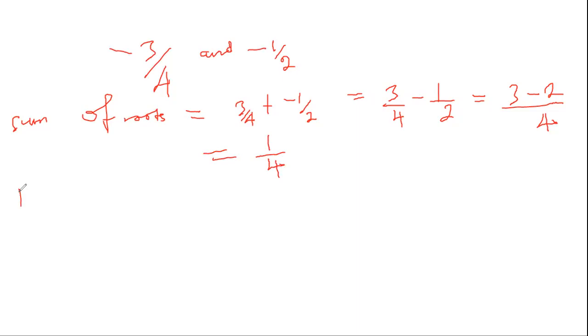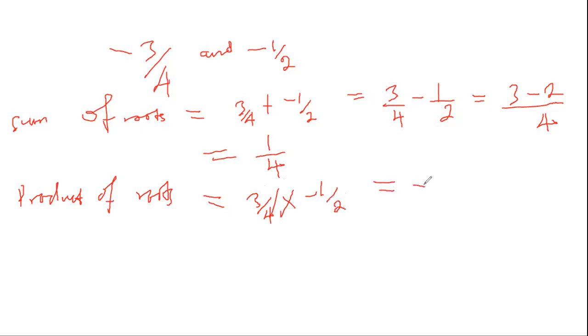And then we find the product of roots. This would be 3 over 4 multiplied by -1/2, and that will give us -3 divided by 8.